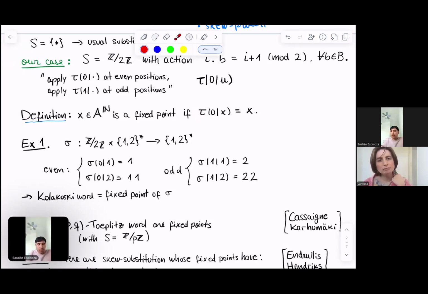In particular, in this case, we know almost nothing about the Kolakowski word. Most of the results that we have are conditional. If there is some previous hypothesis, then we can conclude things. But in general, it's a very complex problem, difficult to understand. We know very little.